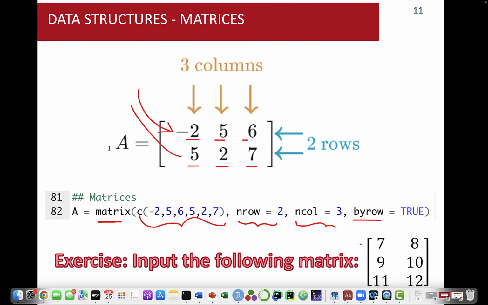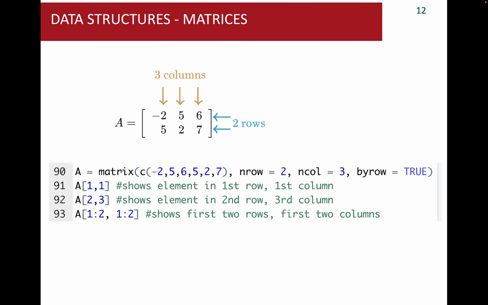Matrices are also indexable. What that means is that I can show the first row and the first column. So if I want to just take this value, I can use this notation: row 1, column 1. If I want to select row 2, column 3, in other words, this value, then I want to use the brackets, and that comma will subset the values that I want.